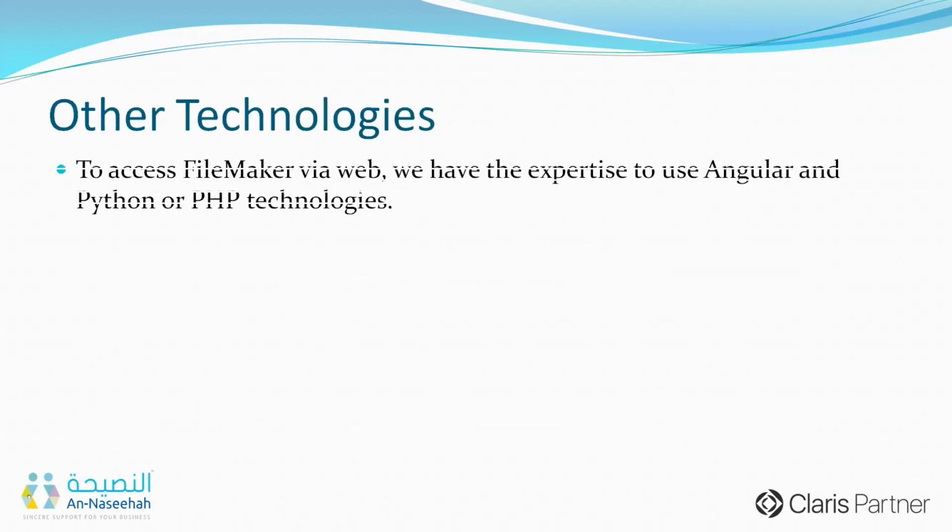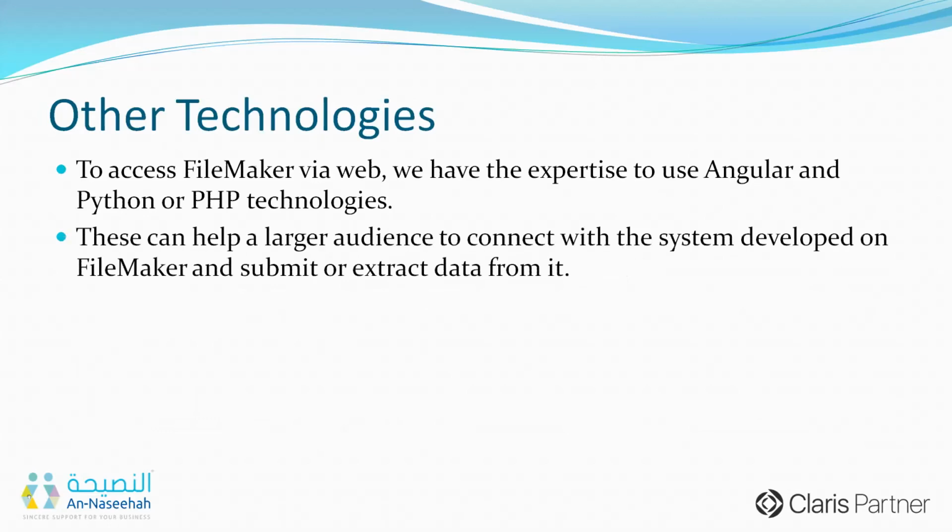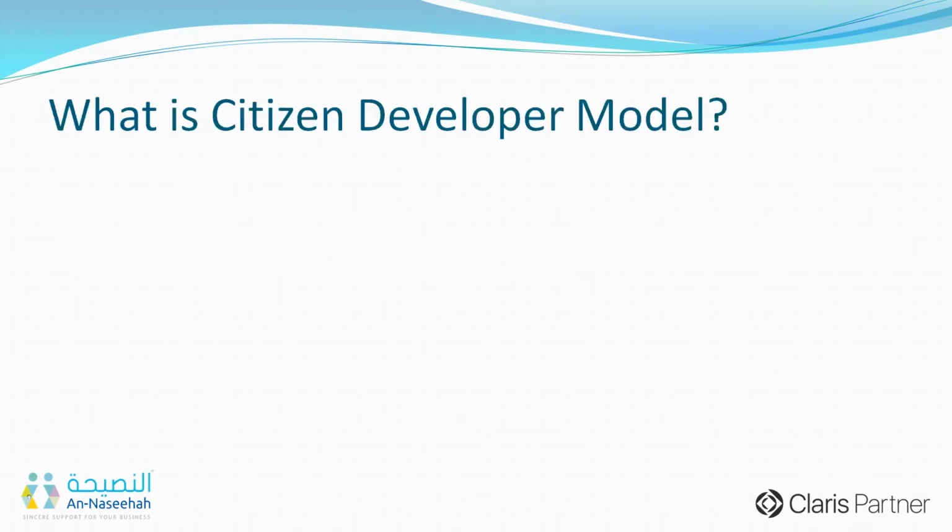The best part about FileMaker is that it can be used with other technologies and platforms, whether it's Angular, Python, or PHP, and it can be integrated with APIs as well. So FileMaker is the ideal tool if somebody wants a solution developed quickly.